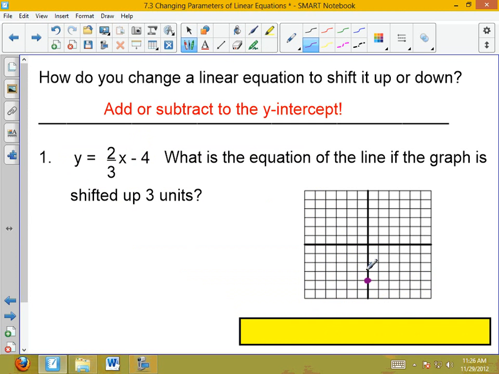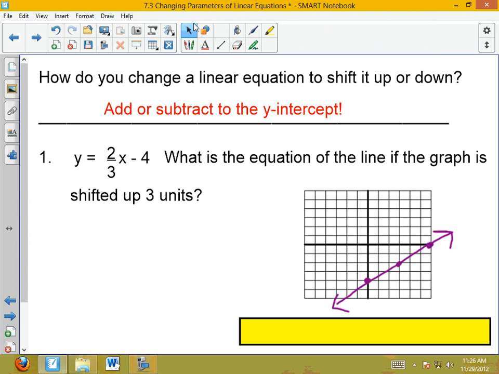Now I'm going to go up 2 over 3. Up 2 over 3. There's my equation. There's my line.